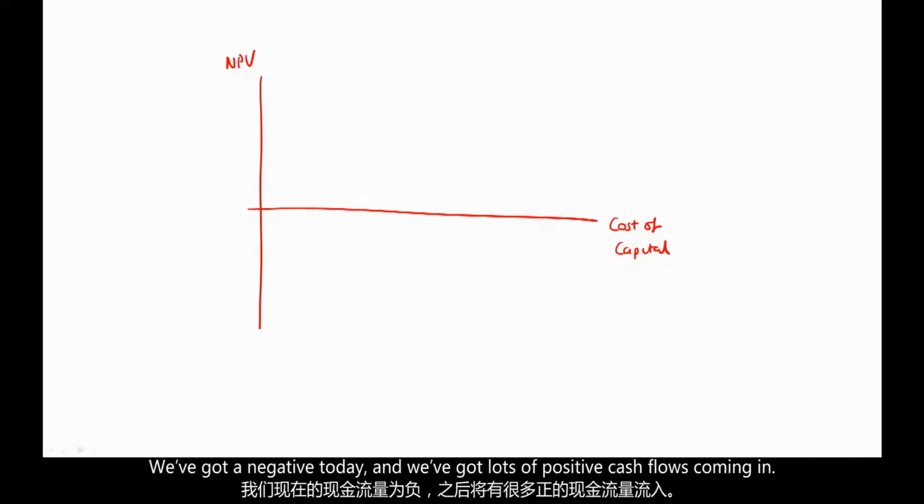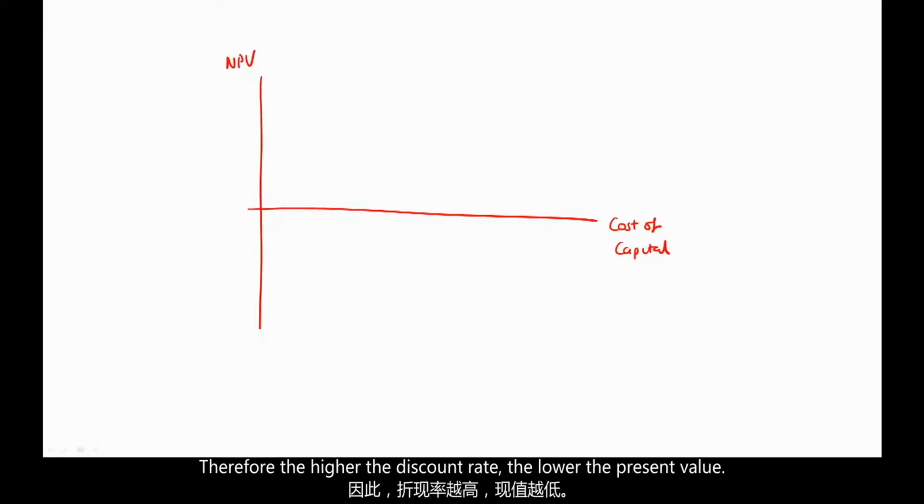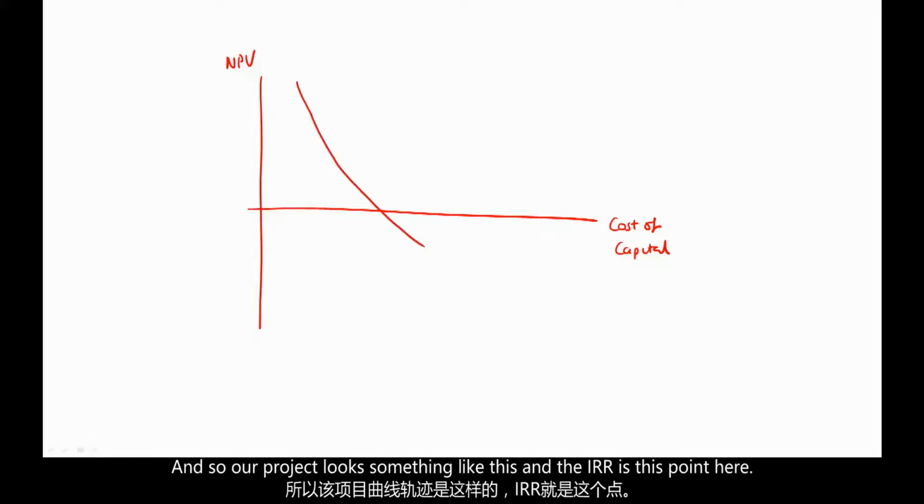We've got a negative today, and then we've got lots of positive cash flows coming in. Then you can see as the cost of capital, as the discount rate increases, we are discounting those future cash flows at a much higher rate. Therefore, the higher the discount rate, the lower the present value. And so our project looks something like this. And the IRR is this point here.